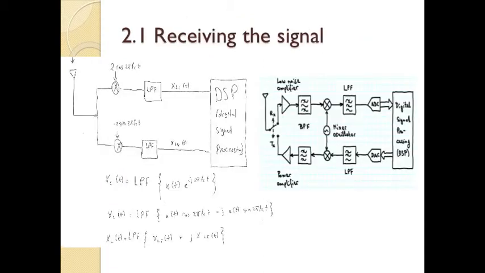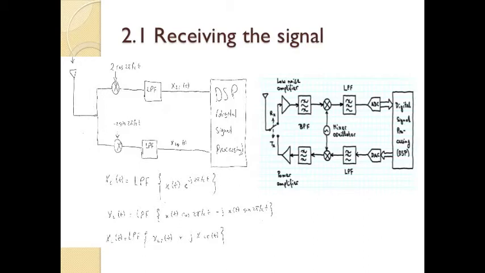So here is a demonstration for the direct conversion transceiver. We use two local oscillators in order to produce our signal to the DSP. To find these two signals going into the DSP, we first multiply the incoming signal x of t times e to the negative j 2 pi fct, which is cos 2 pi fct minus j sine 2 pi fct, all multiplied by x of t.